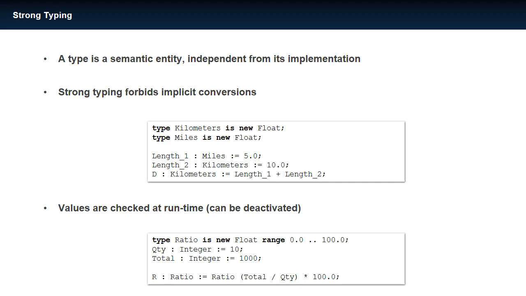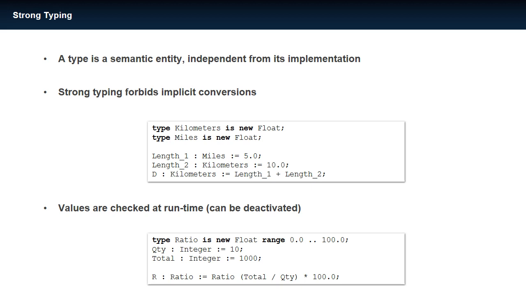The driving motivation for Ada's strong typing feature is to avoid combining things in expressions that should not be combined. Take, for instance, the first example on this slide. We have created two types here based on the float type.